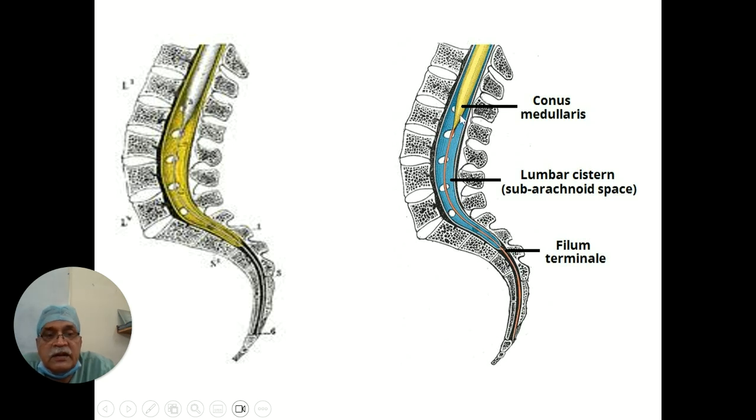Then the spinal cord ends at the level of the lower border of L1 or upper border of L2. Usually we attempt spinal at the L3-4 and or L4-5 interspace. We will not go above L2 because there is a danger of injury to the spinal cord.